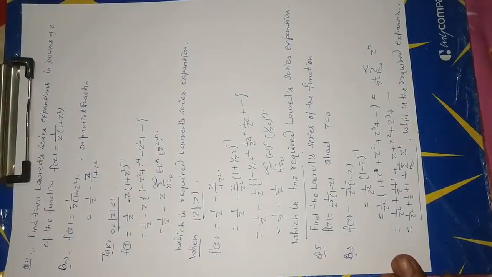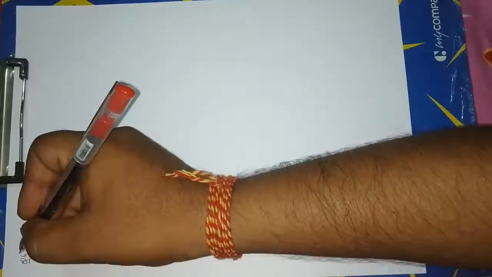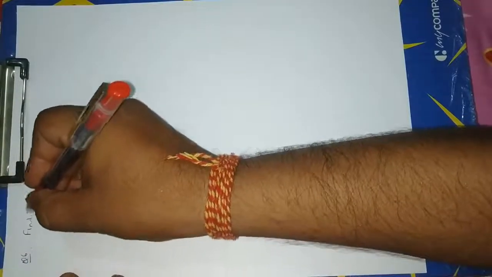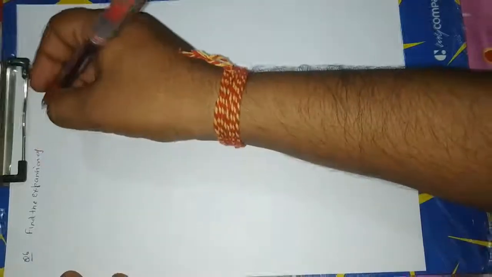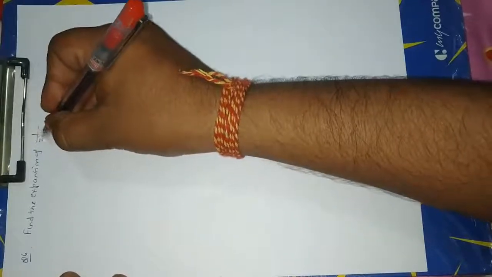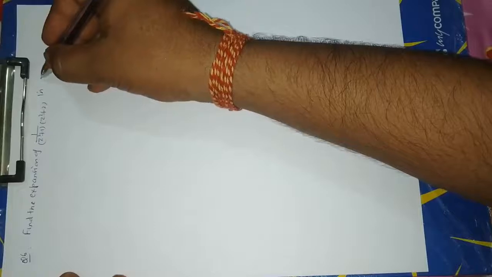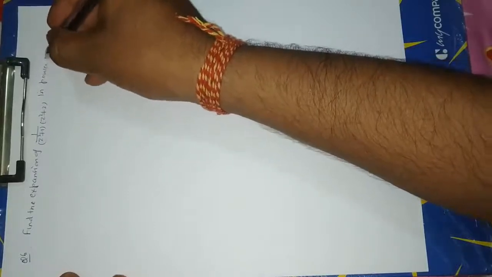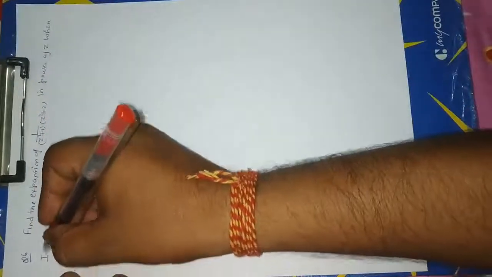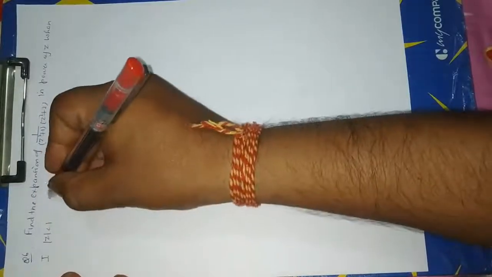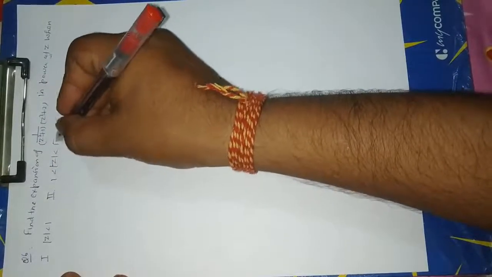Okay, now next question number 6. Find the expansion of 1 upon z square plus 1 into z square plus 2 in the power of z when first part modulus z greater than 1, second part modulus z greater than 1 less than under root 2.